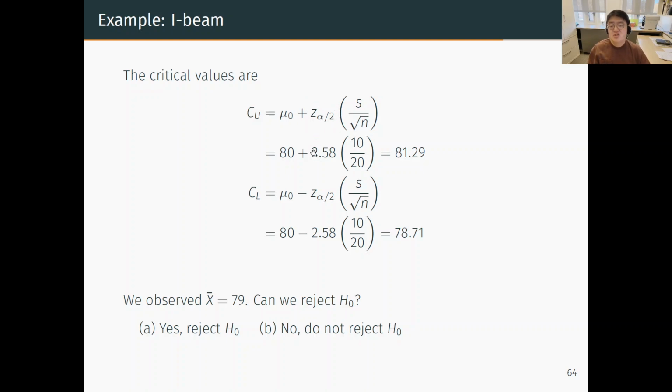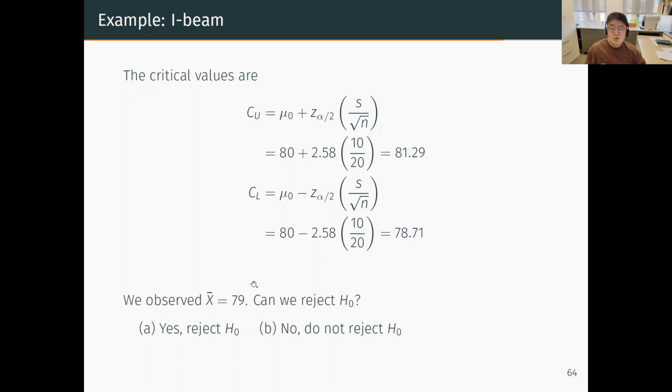This constant should be 2.58, which is given by the significance level 1%. And the standard error is from the standard deviation and the sample size. So you get this simple formula, then you can calculate that. That's pretty straightforward. Okay, then after calculating those critical values, now you have to make the decision whether to reject the null hypothesis or not.